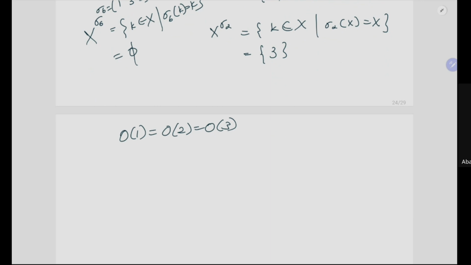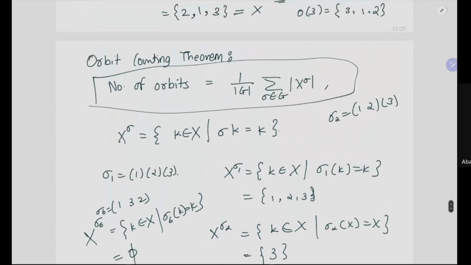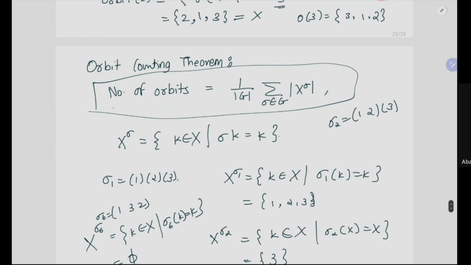But this need not be equal in general. Then the number of orbits is equal to 1 by mod G times the summation of x power sigma. This x power sigma is the stabilizer, so the summation runs over all these fixed sets.